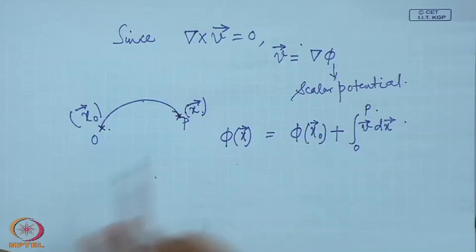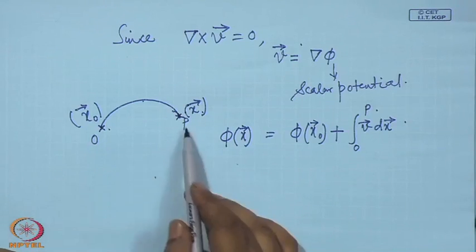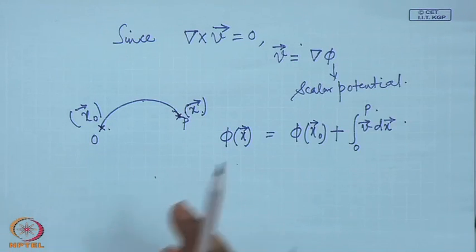In that situation, where the paths are reducible, phi becomes a single valued function, that is, it has only one value. At each point it has a fixed value.